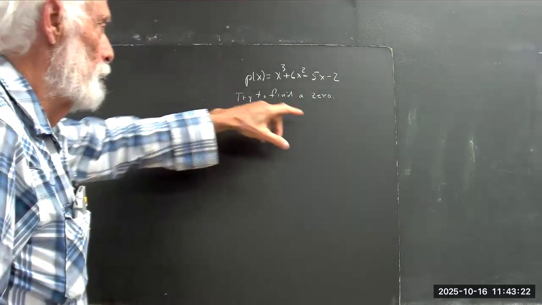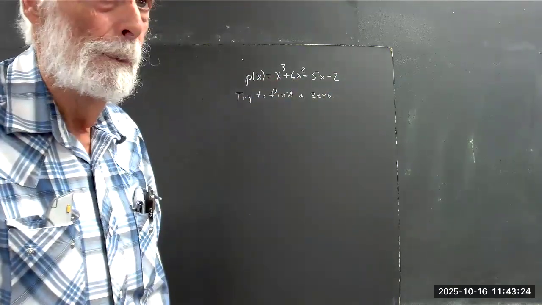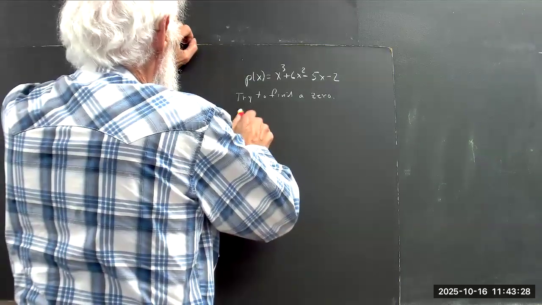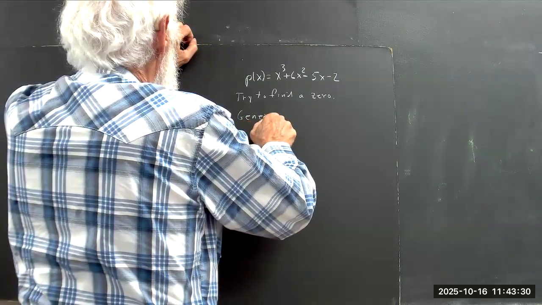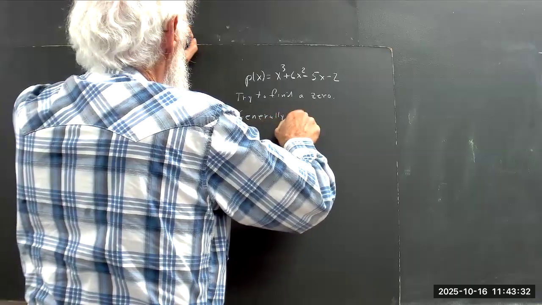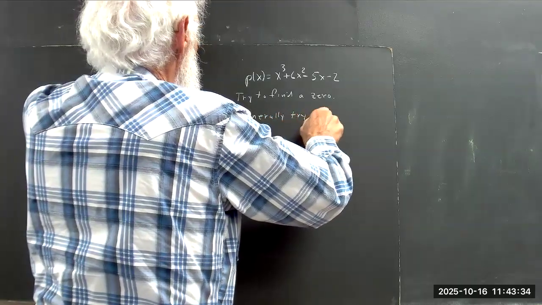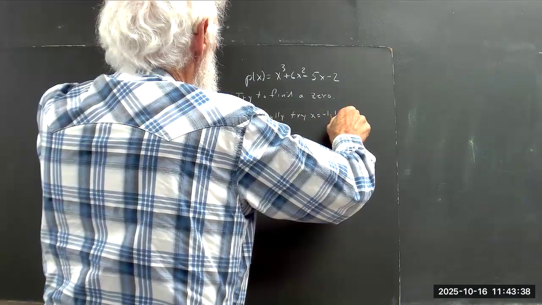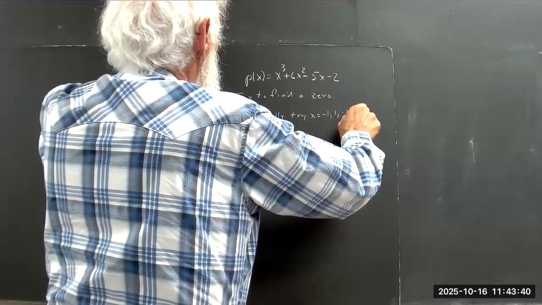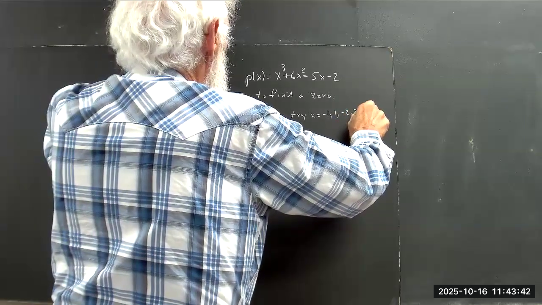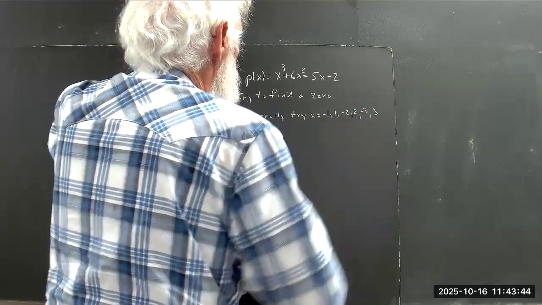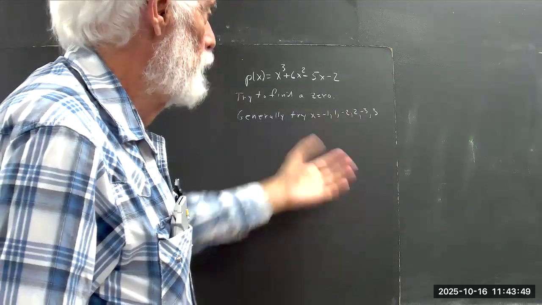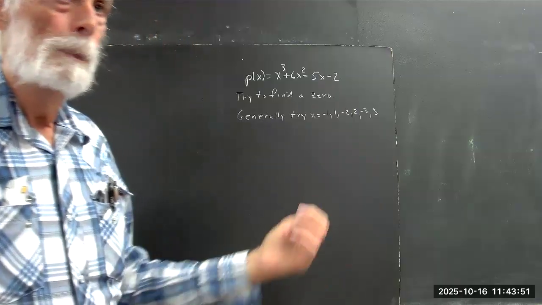Try to find a zero. That means a number that makes this zero. Generally try maybe -1, 1, -2, 2, -3, 3. Those numbers, just plug them in.